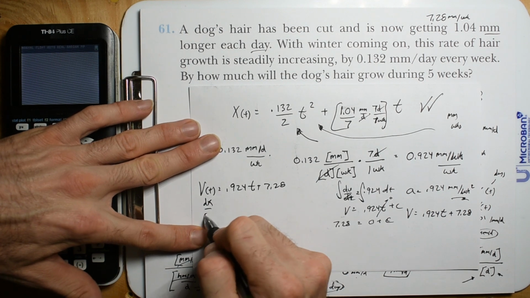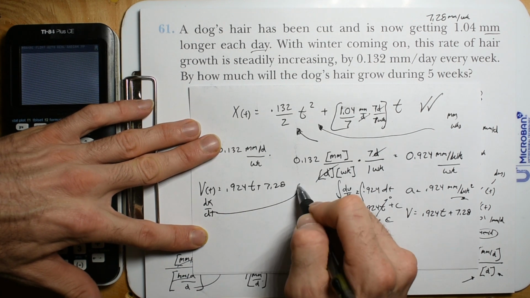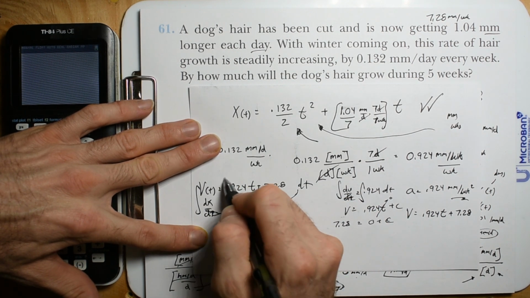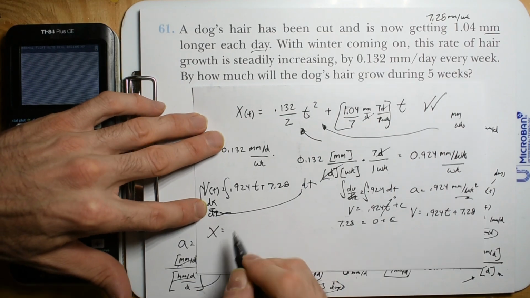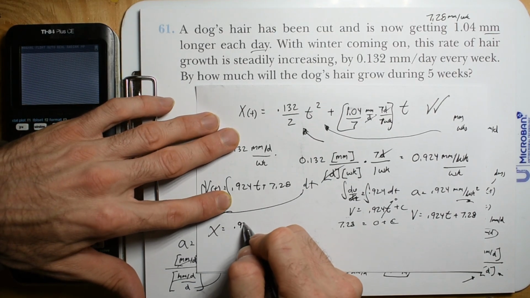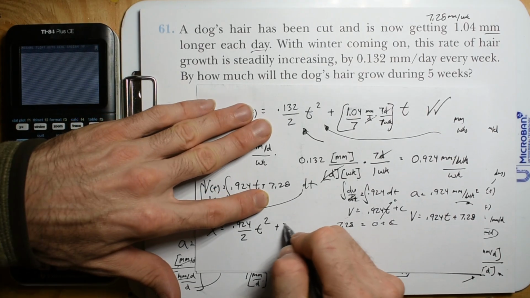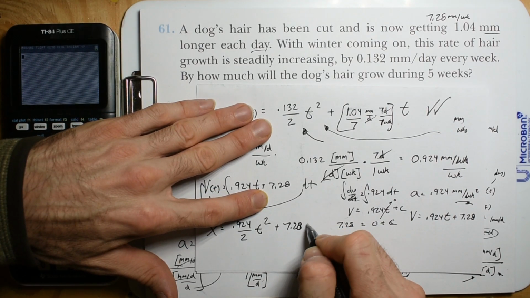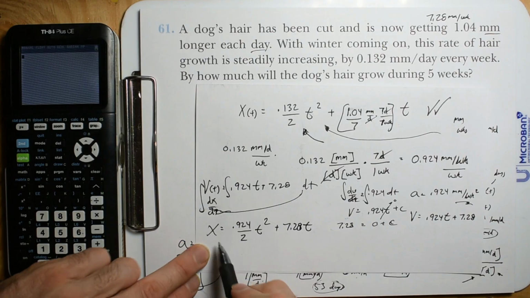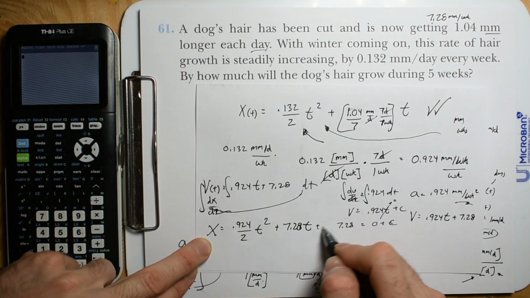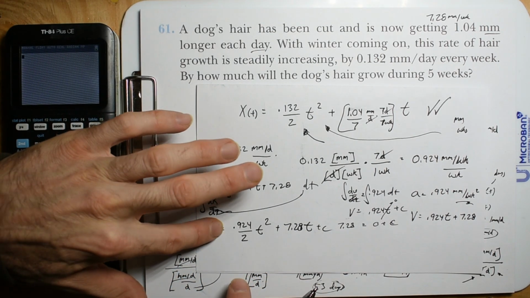Again, this is dx/dt. We're going to separate variables, put a dt over here, and integrate, and we'll have our position equation is 0.924 divided by 2 t squared plus 7.28t.